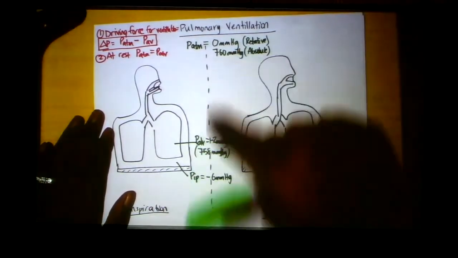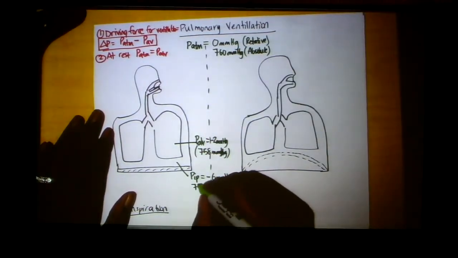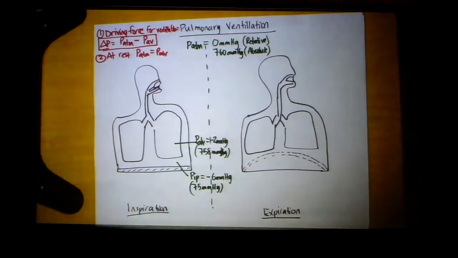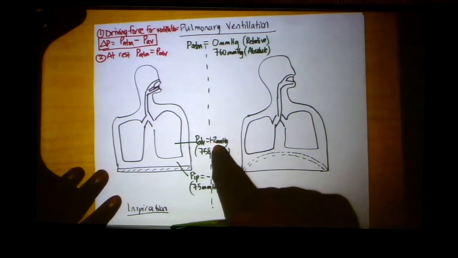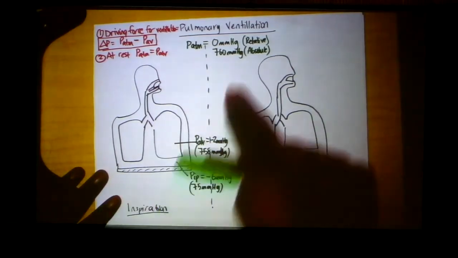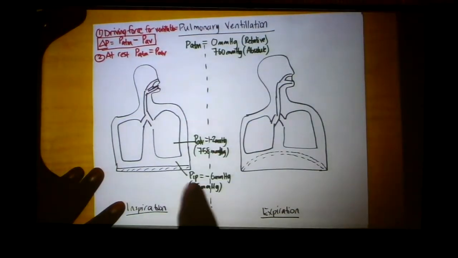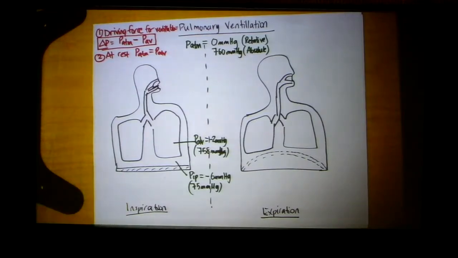And again, doing some math here, that's going to be about 754 in terms of the absolute value there. Okay, so everyone understand the inspiratory part of this? The alveolar pressure needs to be less than that zero, and the intrapleural pressure needs to be less than that alveolar pressure. Okay, it needs to be negative. All right, okay.